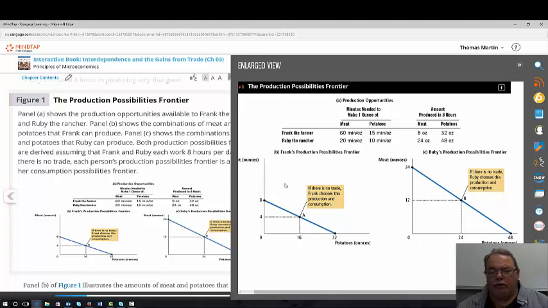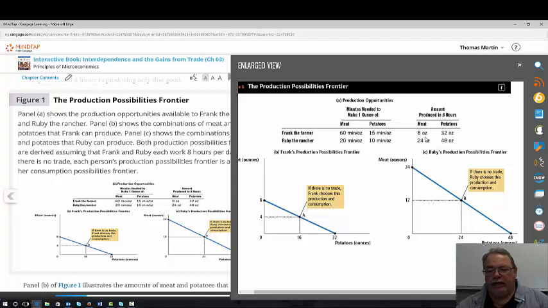But what we want to know is which one has an absolute advantage on meat and potatoes. If we look at the numbers, Ruby the rancher has an absolute advantage on both products.